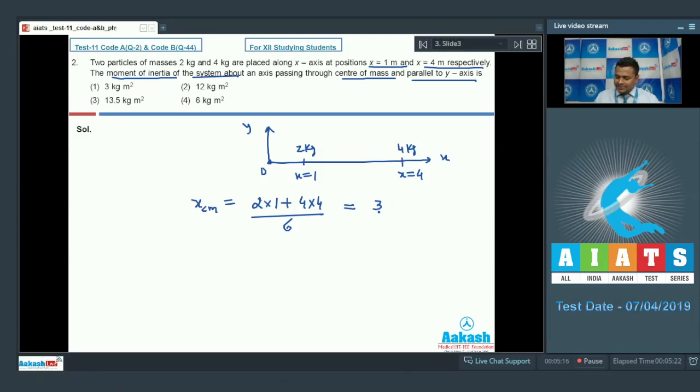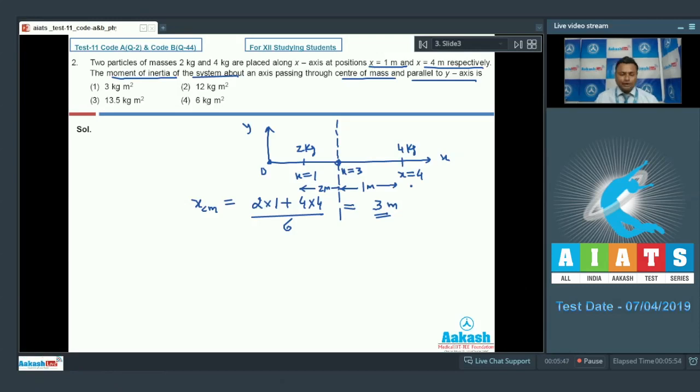After solving we will get 3 meter as x coordinate of center of mass. It means center of mass will lie at a distance 3 from origin, so that is somewhere right here. So we have to calculate the moment of inertia about this axis, and this is x equal to 3, means the distance from 2 kg object is 2 meter, and from 4 kg object it is just 1 meter.